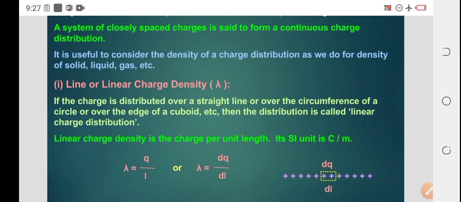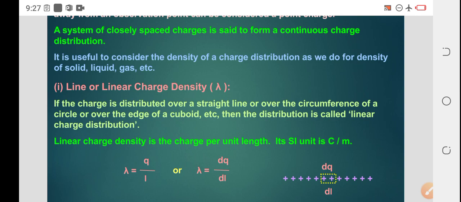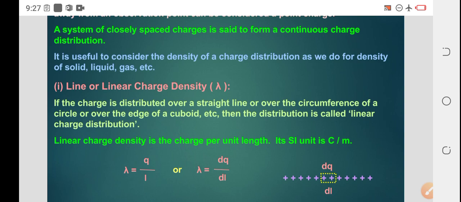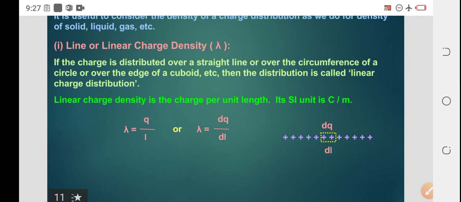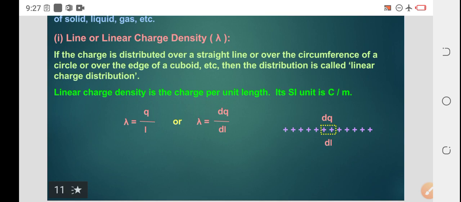Let's see, the continuous charge distribution will be of three types. The first one is line or linear charge density, and it's going to be represented by the symbol lambda. If the charge is distributed over a straight line, or over the circumference of a circle, or over the edge of a cuboid, etc., then the distribution is called linear charge distribution.